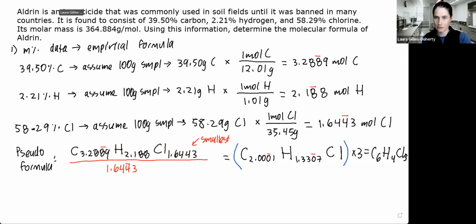And then Cl times 3 gives me 3 chlorines. Okay, so this is my empirical formula that I just solved for.